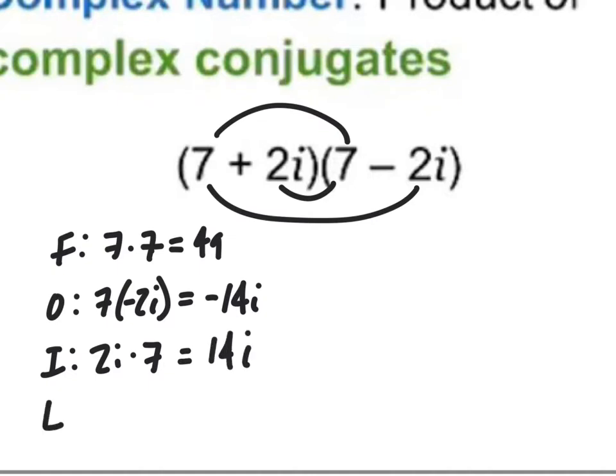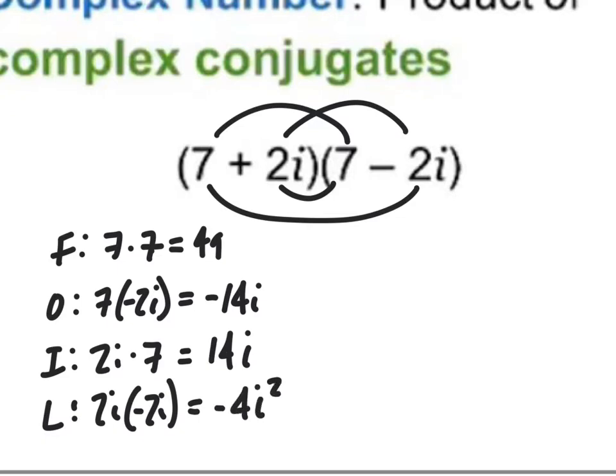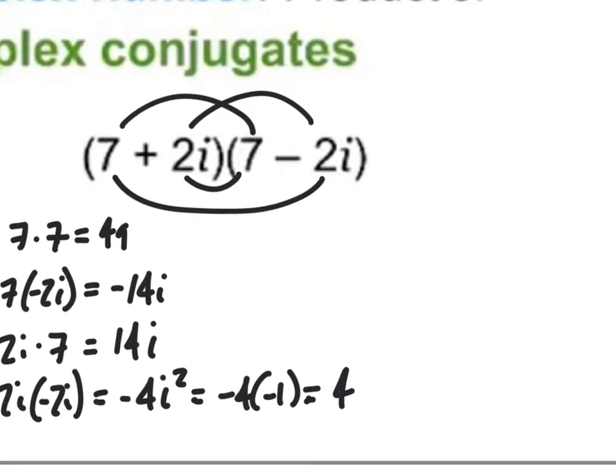And my last terms, 2i times negative 2i, give me negative 4i squared. Remember, i squared is negative 1, so we get negative 4 times negative 1, which gives me positive 4.